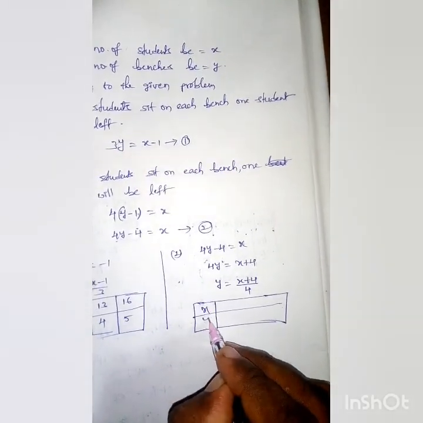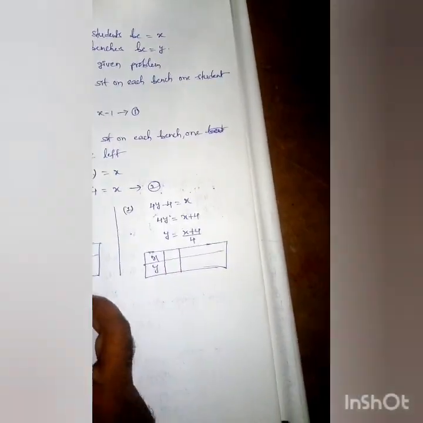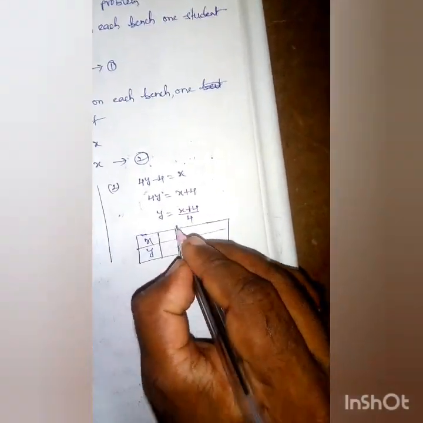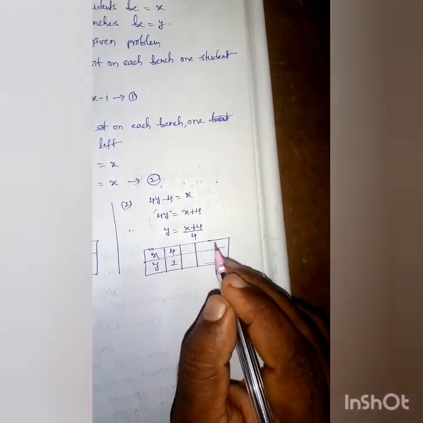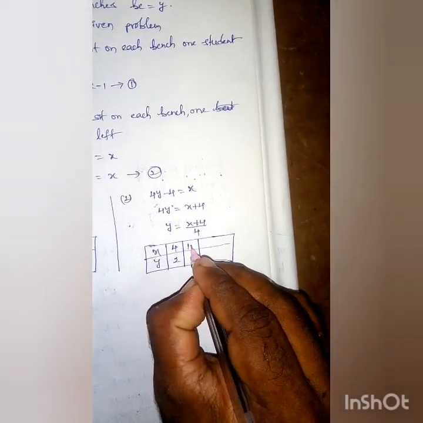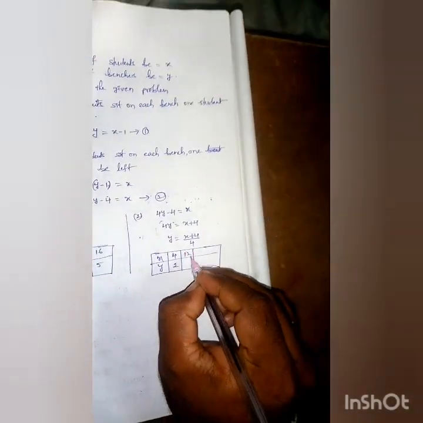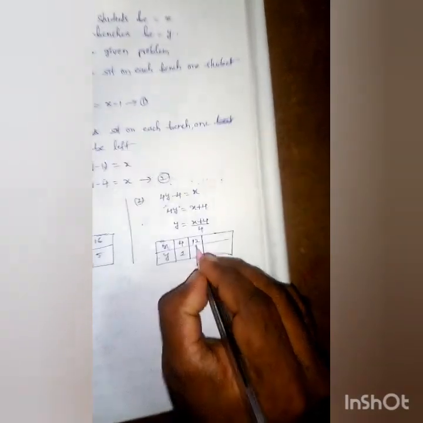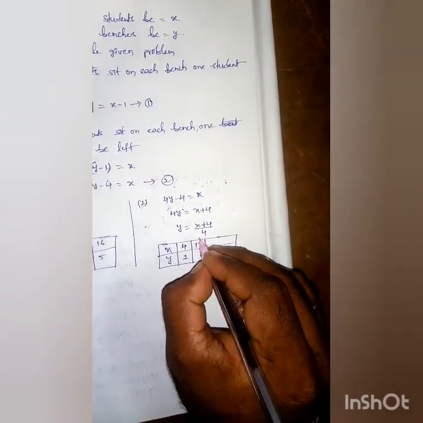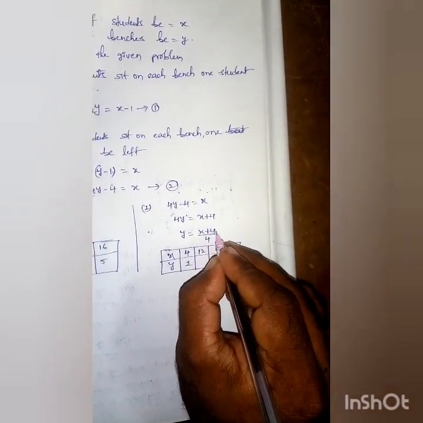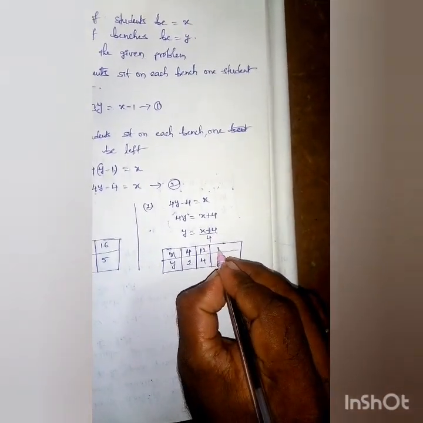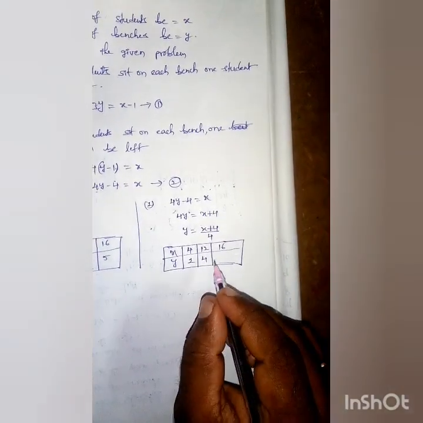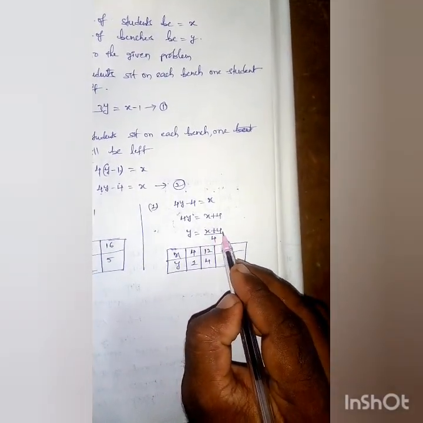Now create the table like this. If we substitute x equals 4, then y equals 2. If x equals 12, 12 plus 4 is 16, 16 by 4 is 4. Now substituting x equals 16, 16 plus 4 is 20, 20 by 4 is 5.